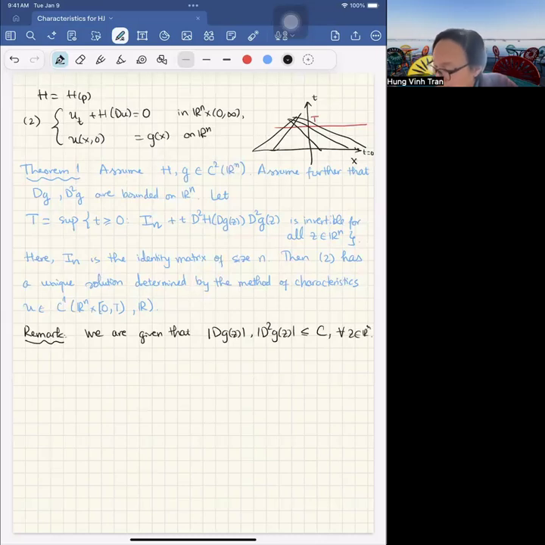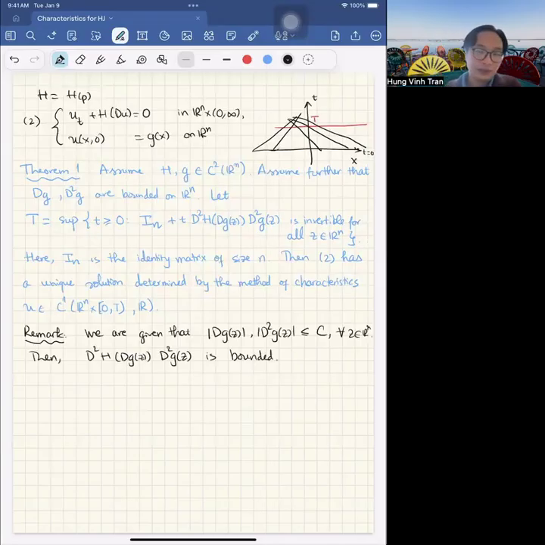That's what is given to us in the hypothesis. And H is a C2 function, and because DG and D squared G are bounded, we have that D squared H acting on DG, multiplied as a matrix with D squared G of z, is bounded. We are just multiplying bounded matrices, so it gives me another bounded matrix.